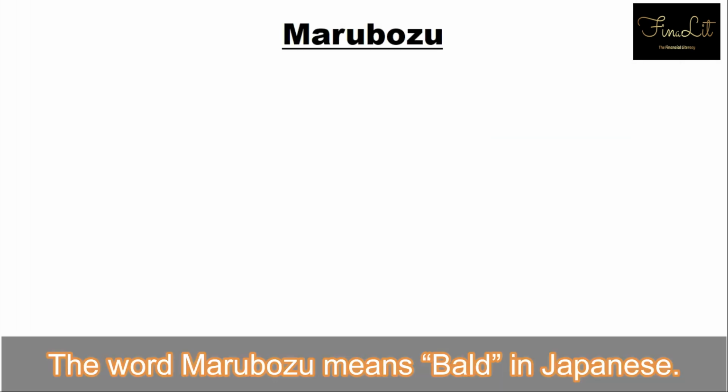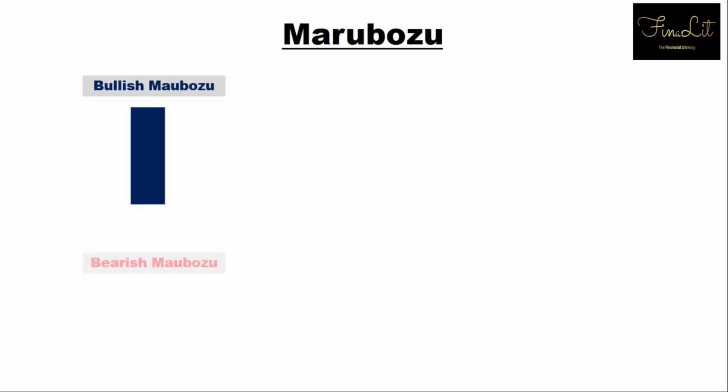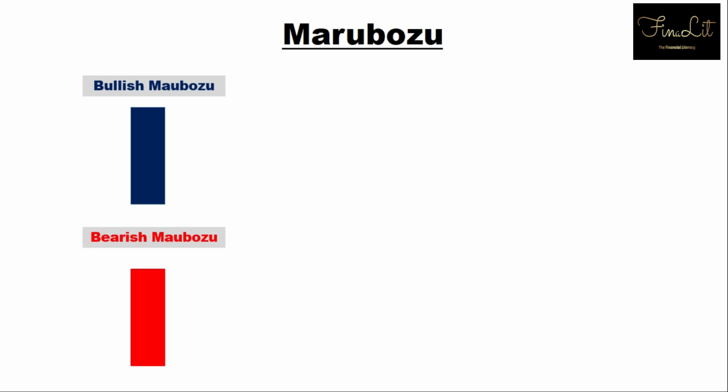Marubozu. The word Marubozu means ball in Japanese. There are two types of Marubozu, the bullish Marubozu and the bearish Marubozu. The blue candle represents the bullish Marubozu and the red candle represents the bearish Marubozu.